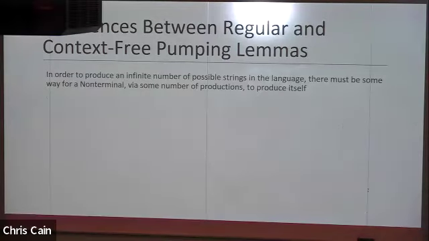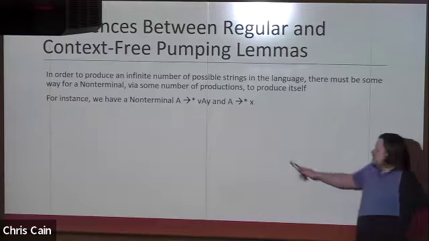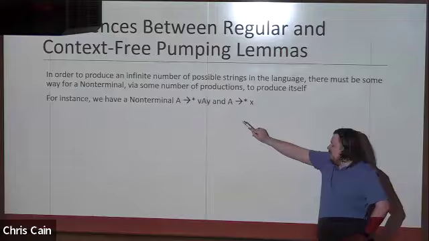But that recursion takes a particular form, kind of like the XYZ from the regular pumping lemma. So here's an example of self-recursion. A can, through some sequence of productions, reach some string V, followed by a capital A, the recursion, followed by some string Y. And then there's a way to terminate from this, producing this X, getting a string that's in the language.